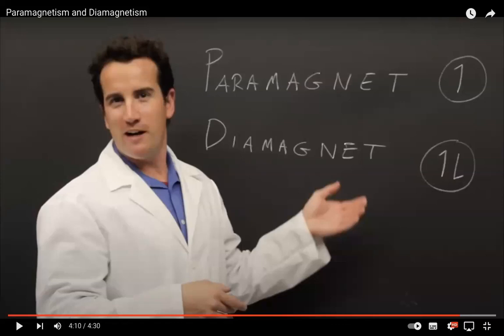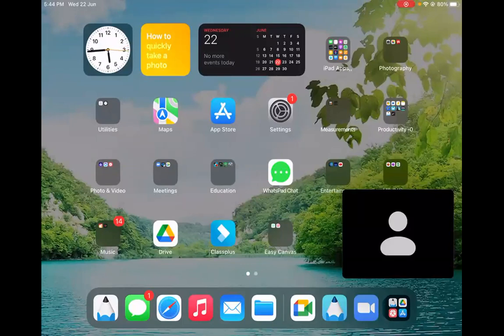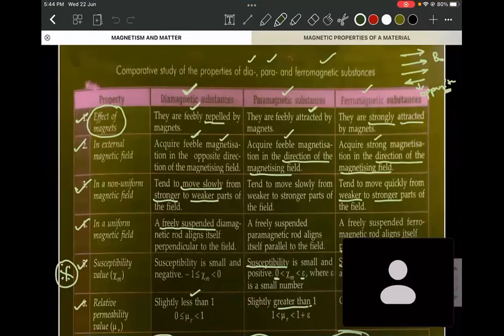Yes, sir. So based on this, we will discuss this table. When you talk about the effect of magnets, observe this clearly.